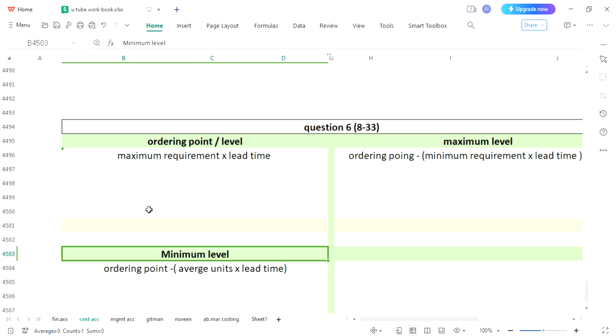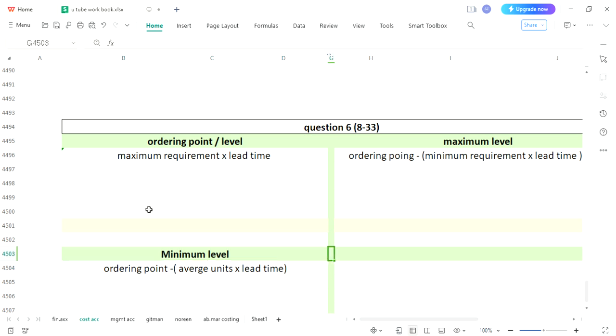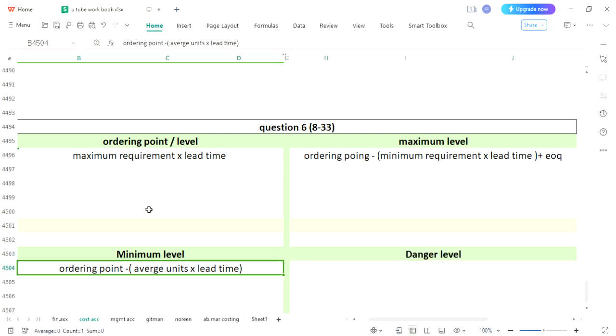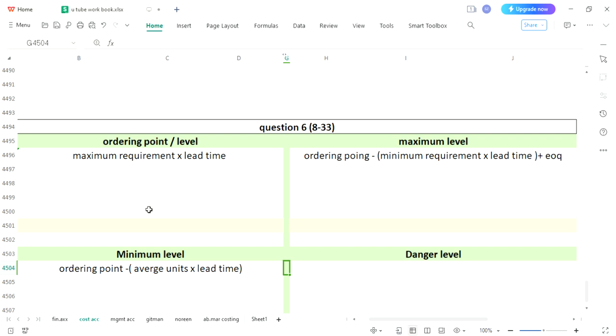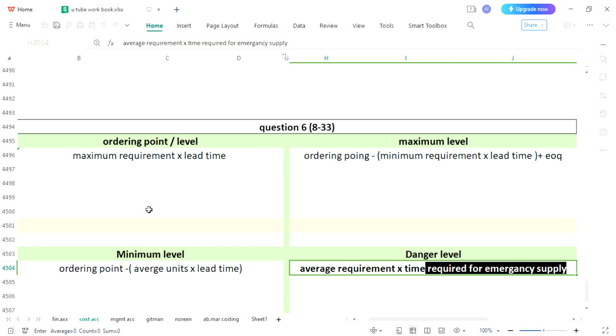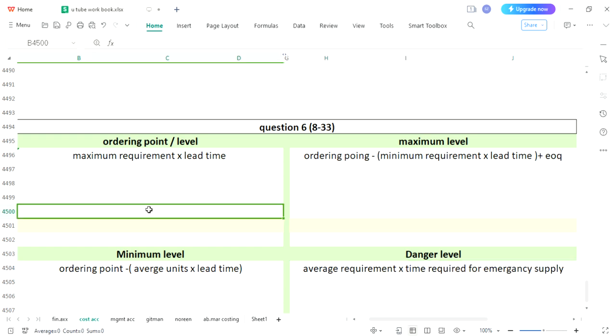The fourth point would be danger level, under which you just consider your average requirement and multiply it with the time required for emergency supply. In this way you will complete your question.